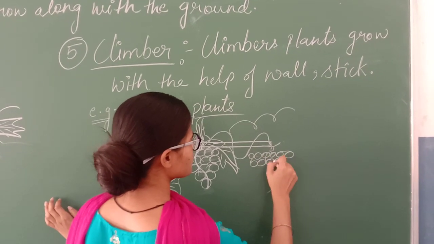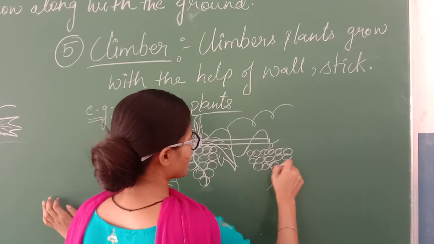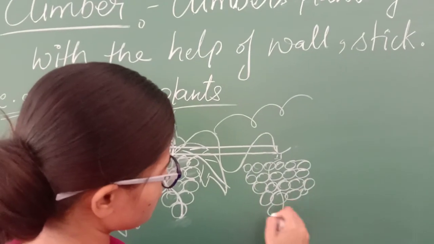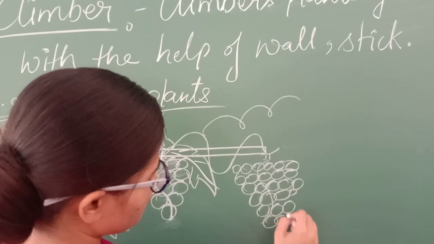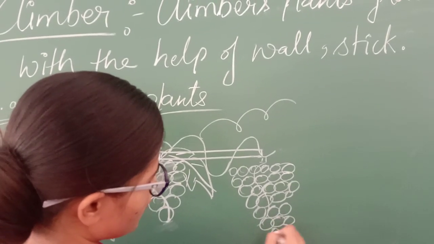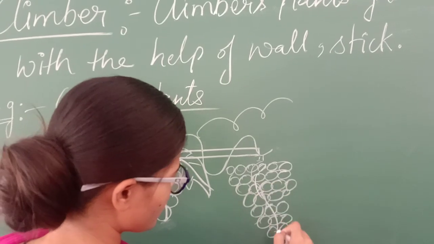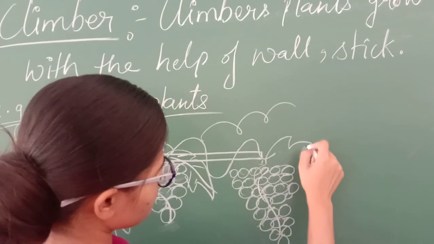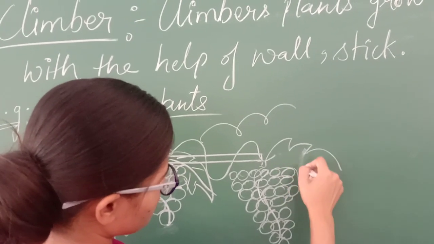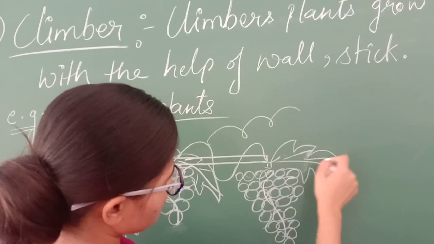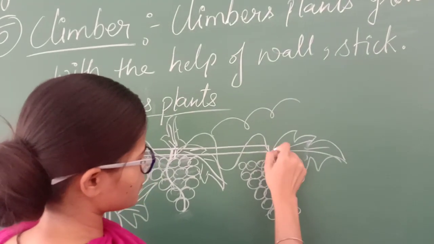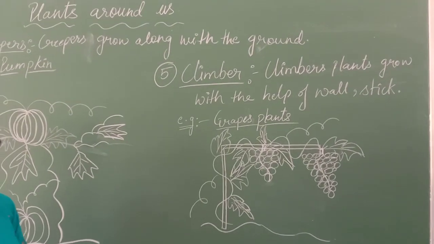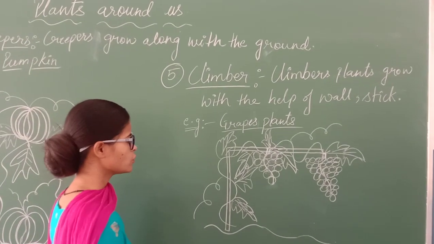It is very easy to make grapes. You just have to circle like this. Okay, now your grapes are ready. Okay, and these are the leaves. Okay, so this is the grapes plant. You can draw in your notebook.